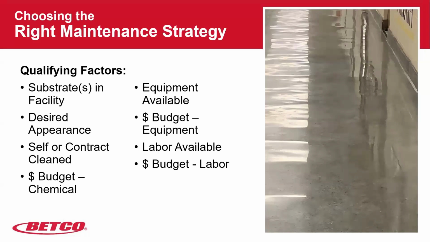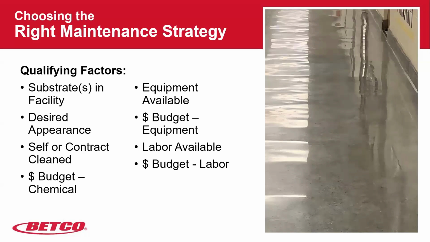Once we determine that, then we can figure out, are we going to clean it ourselves? Do we have the labor, the resources, and the equipment to do it in-house, or do we need to reach outside and have an outside source come in and provide the labor and the equipment to clean that surface? Once we determine all of that, then we determine what is our budget, right?